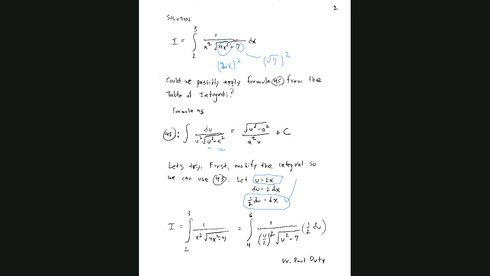So by letting u equals 2x, I replace the square root of 4x squared minus 7 by the square root of u squared minus 7. Okay, that makes sense. The x squared, well, I have to substitute something in for x. If u equals 2x, then x will equal 1/2 u.